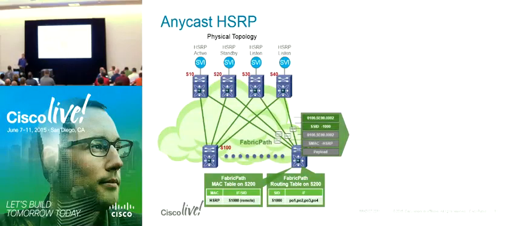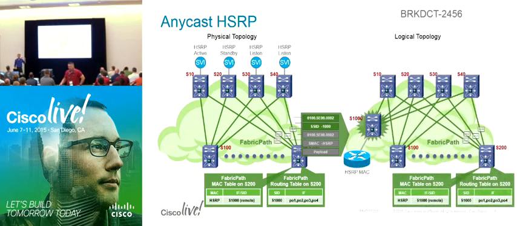And that automation and orchestration is required because we need scoped configuration. The scoping of the configuration is absolutely required because we have this distributed Anycast gateway. If you're interested, I will actually be talking about more of this feature tomorrow. I have a session, BRKDCT 2456.